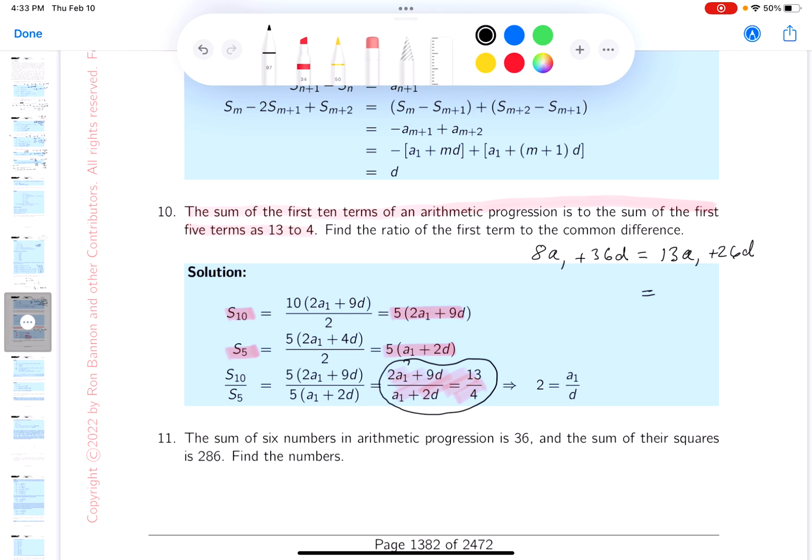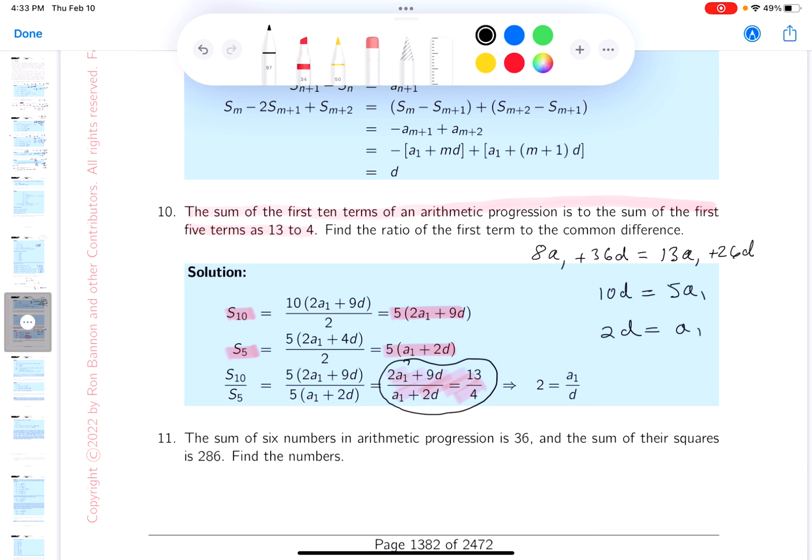Well, I'm going to take 26D from both sides. I would get 10D. And I'm going to take 8A1 from both sides, and you get 5A1. I'm going to divide both sides by 5. I get 2D equals A1.